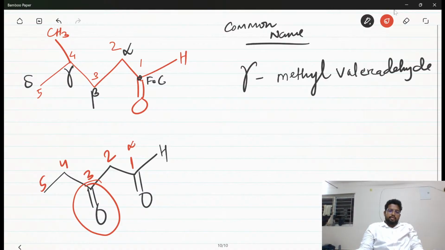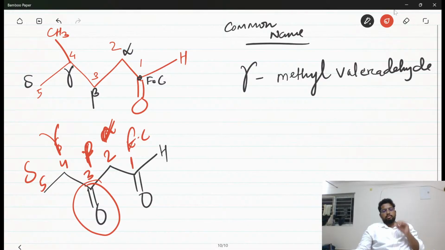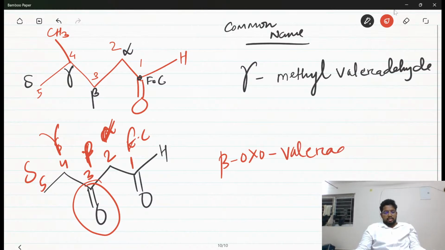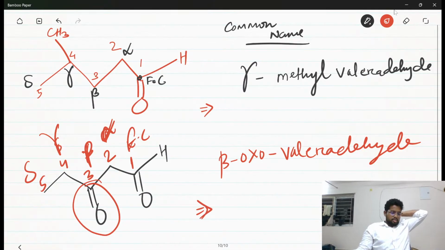And as per common name, this is alpha functional carbon, beta carbon, gamma carbon, delta carbon. So now it can be written as beta-oxo valeraldehyde. Or what is the other name of this molecule? Now the other name will be, write down, alpha-methyl valeraldehyde, beta-oxovaleraldehyde.